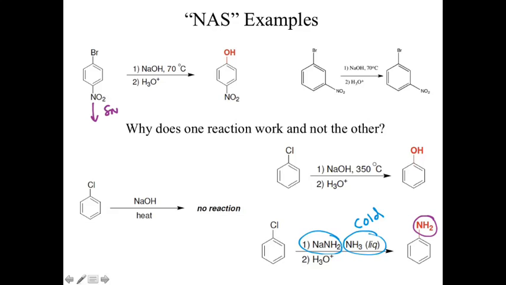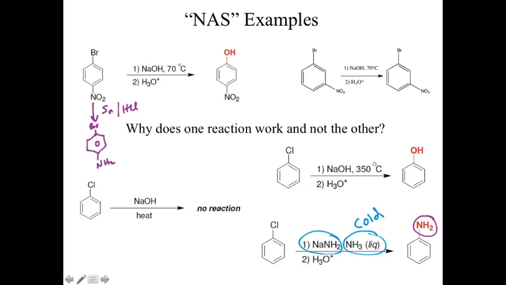The one I happen to remember, I believe, is the tin and hydrochloric acid, and that will take your nitro down to an NH2. So we still can get an NH2 on there without doing an NAS mechanism.